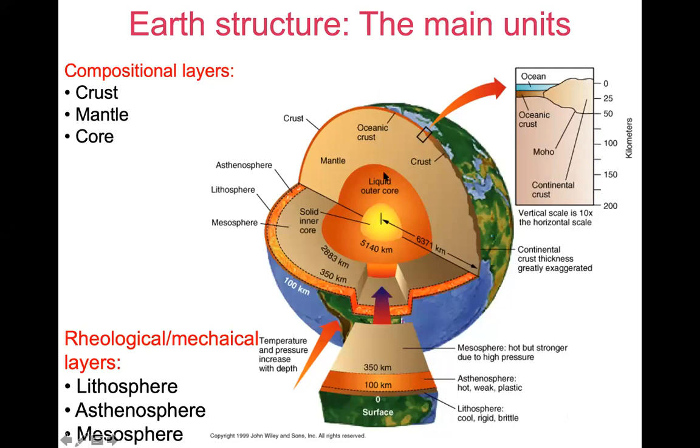Yeah, okay. So we have the three layers: crust, mantle, and core. The crust is of two types, right? The crust is of two types.